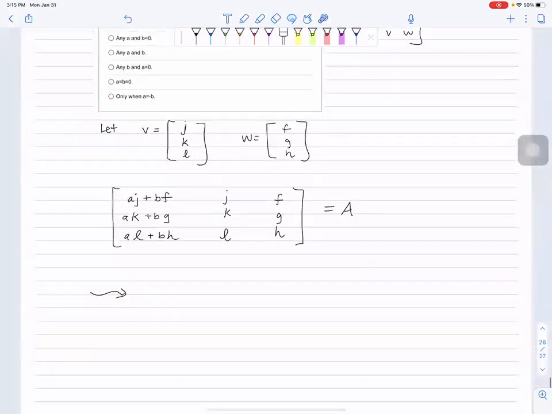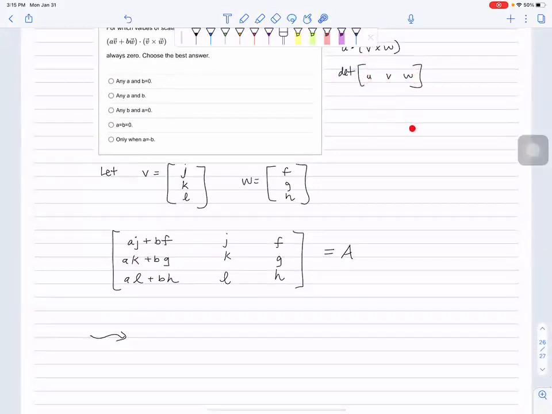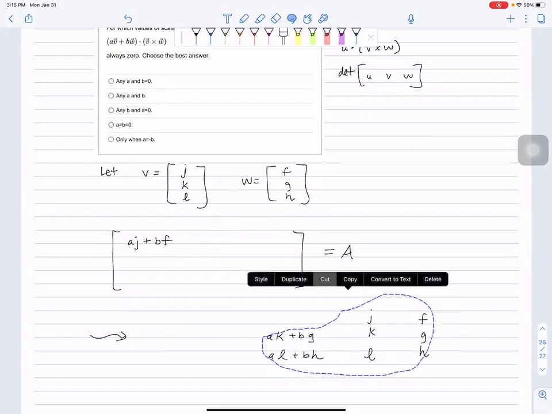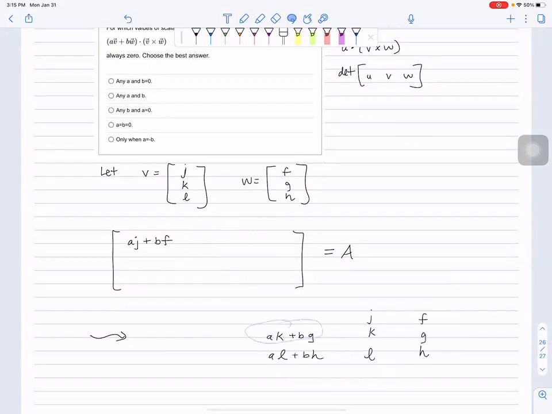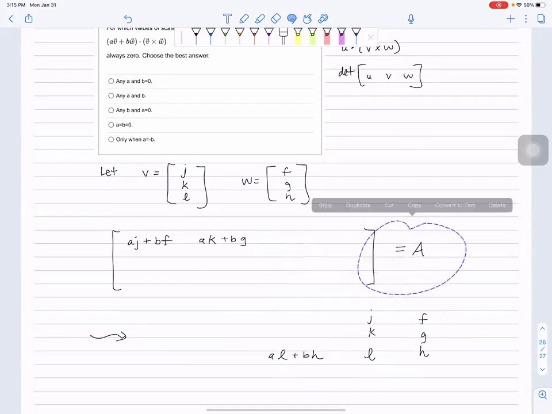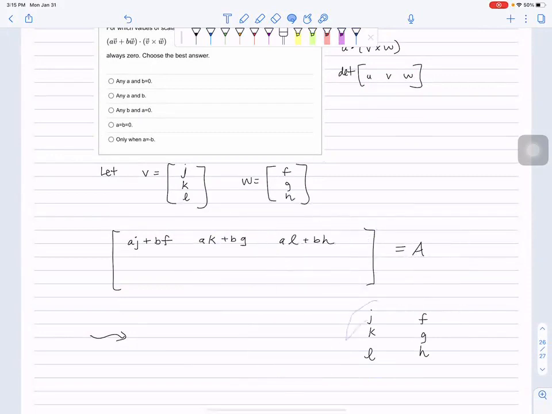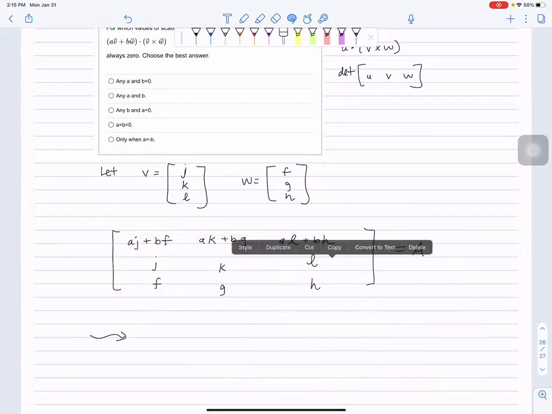I said you usually write the vectors downwards, but it doesn't matter. You can also write the vectors horizontally, so let me write them horizontally so it's not as confusing. We can do that because the determinant of A equals the determinant of its transpose.